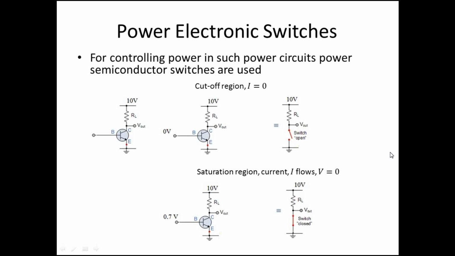Here we are only taking the example of a transistor. There are many other semiconductor devices. The transistor we explained is different from the signal electronics transistor. A transistor used in analog signal electronics circuits has only a small power capability, but here we are using it in a power circuit.